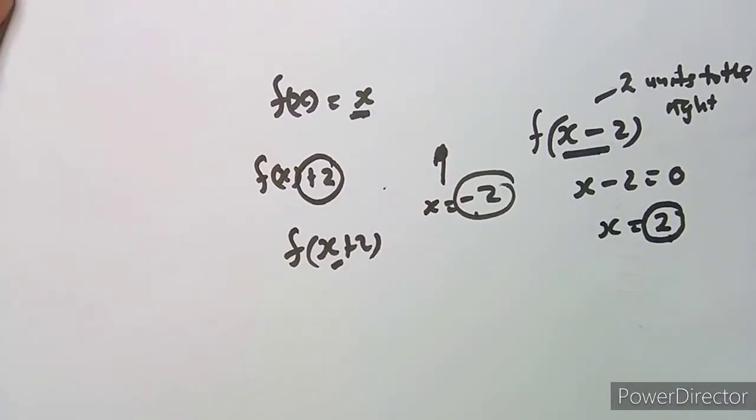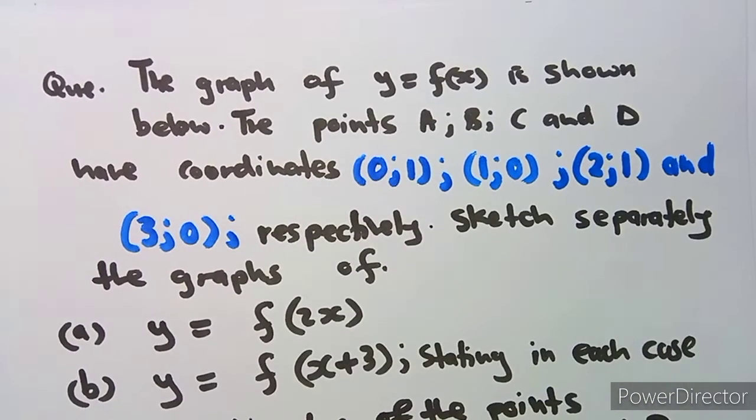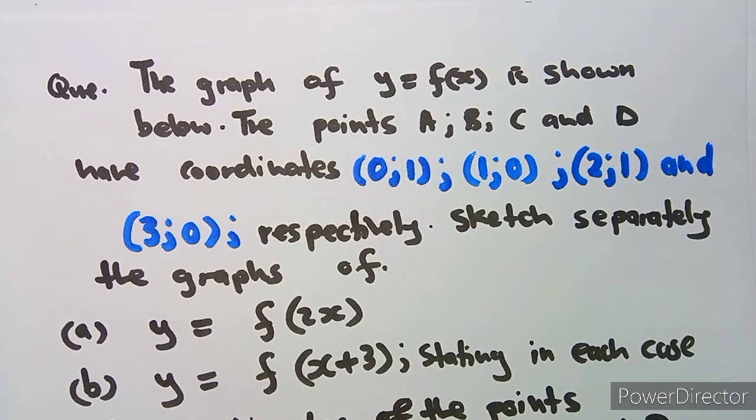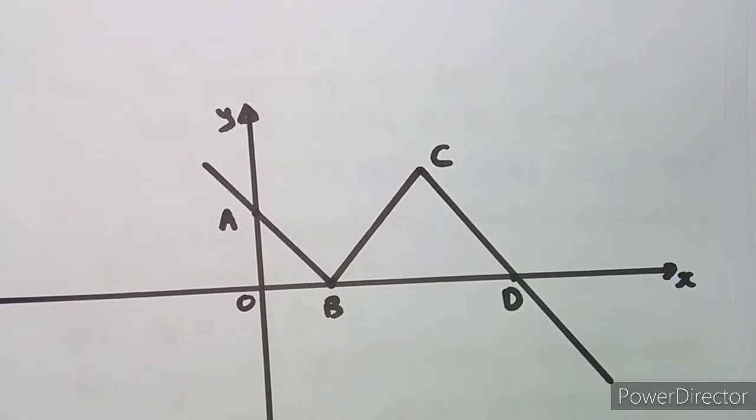Normally, the first particular type of question, like the one I was explaining, is where they give us a graph of y equals f of x, shown below with the points a, b, c, d. So this is your graph here.